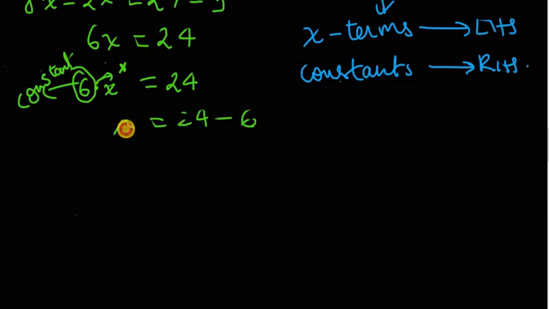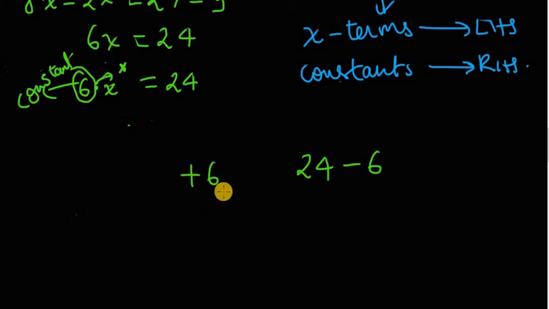No, that is only for addition and subtraction. Okay, if a number is something like this, then you can shift it to the other side as plus 6, and if here it is plus 6, you can convert it into minus 6.